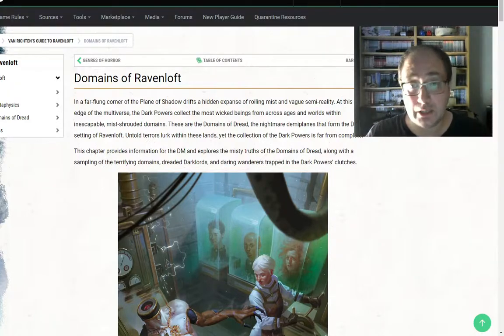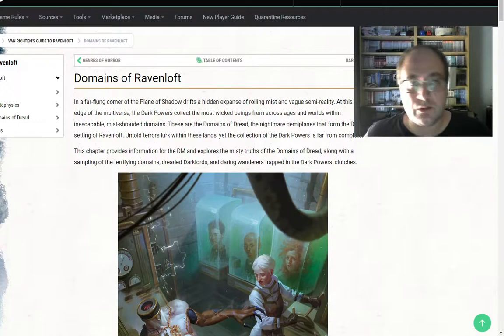And some of these domains can actually be big enough, as we're going to see, to warrant a full campaign. And that means that there's a tremendous variety in what kind of horror adventure you want to run in Ravenloft, because, as we're going to see, there's a domain for every genre of horror you can think of, and maybe some that you haven't thought of before.